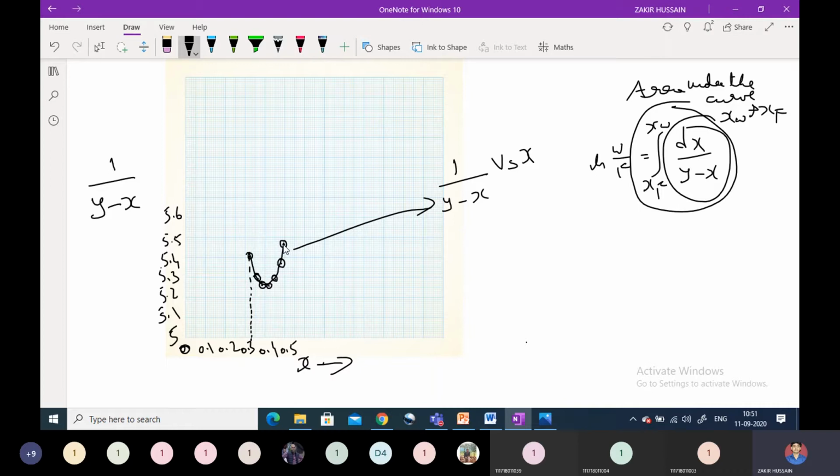We constructed the curve by using the data between 0.33 and 0.5. So this point is xF and this point is xW, and we need to evaluate the area between them. You know how to evaluate the area under a curve.